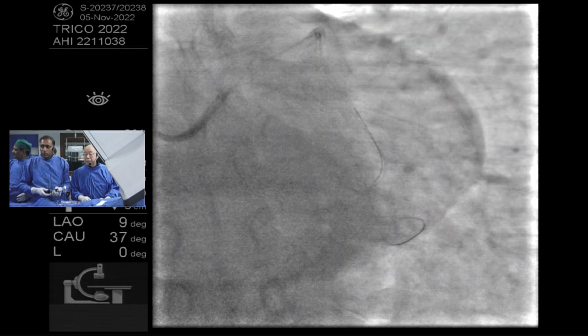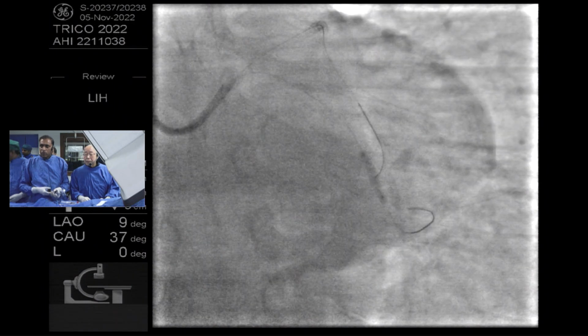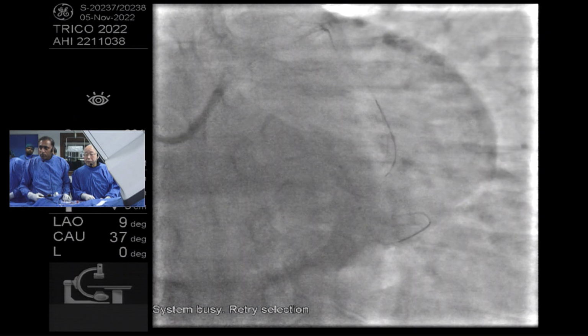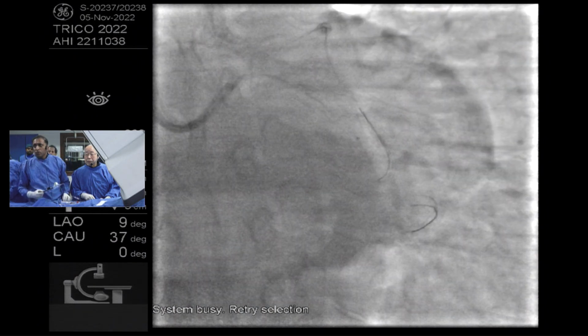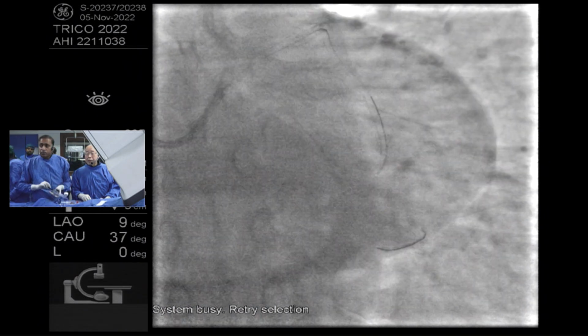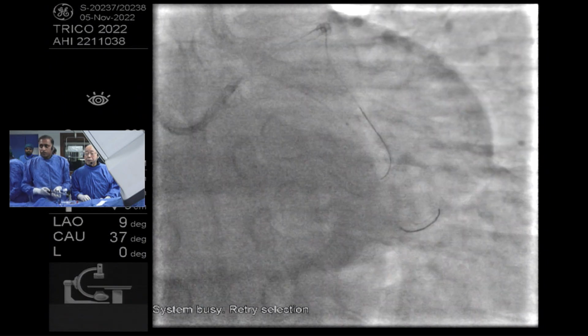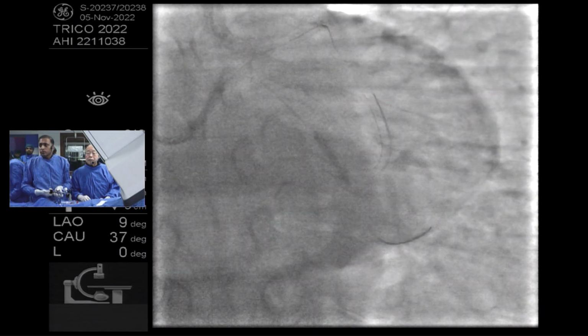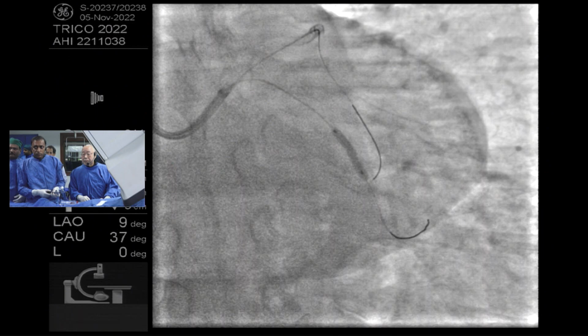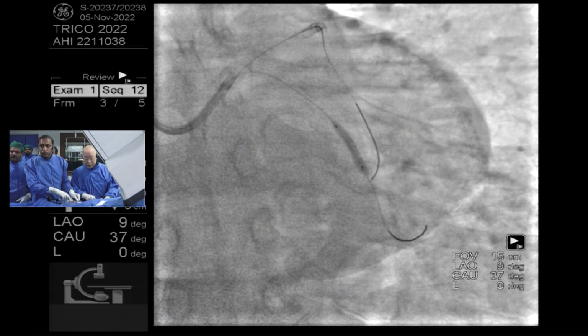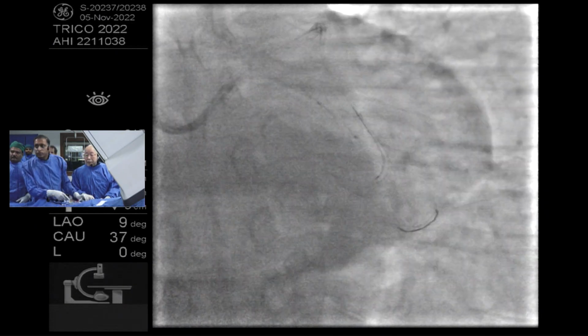The diameter EEM to EEM is 4.7 or 4.8, and the proximal left main distal is 5.4, right? Yes, I agree. Yes, post dilatation, but still the left main is much bigger than the proximal LAD.